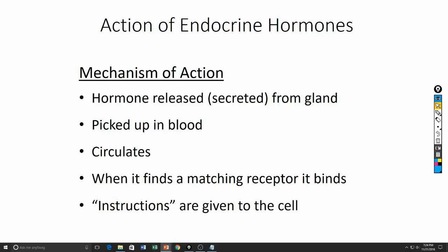It goes into circulation, and then it takes a ride in the blood. From there, essentially all that's happening is that the hormone is bouncing around inside the blood, and if it happens to come in contact with a receptor that will take it up, then it transmits some sort of a signal to that cell. It gives the cell instructions.